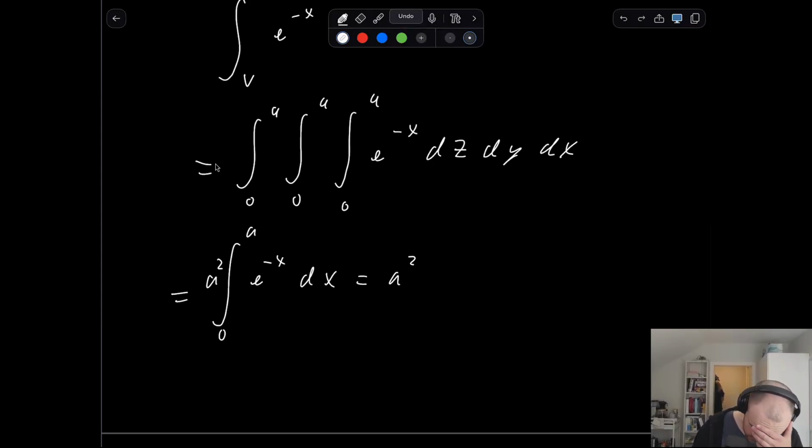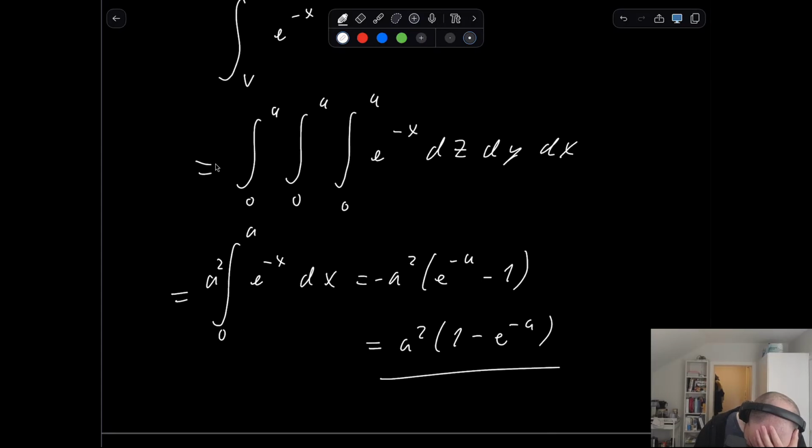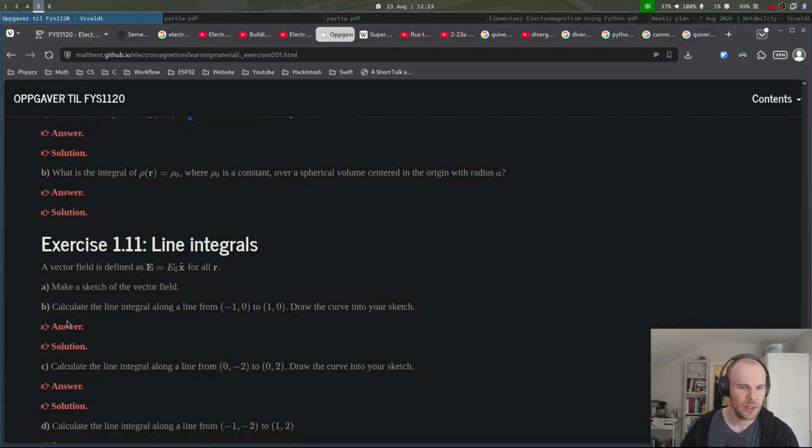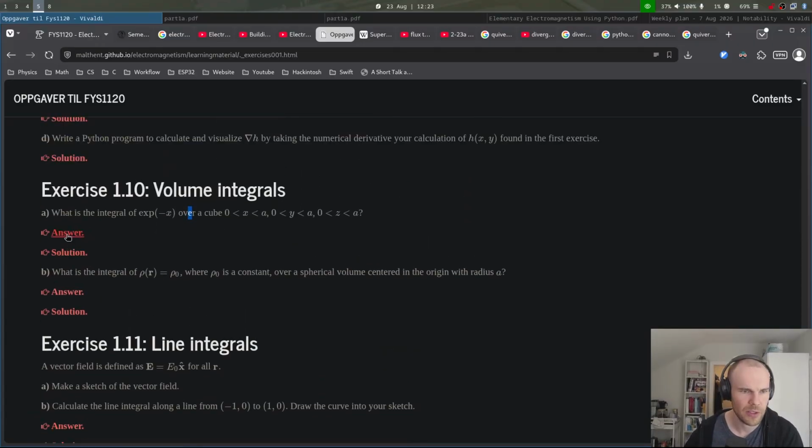So this will get a minus, and then we have e to the minus a minus 1, or even better, a squared times (1 minus e to the minus a). Just like that. That should be correct.